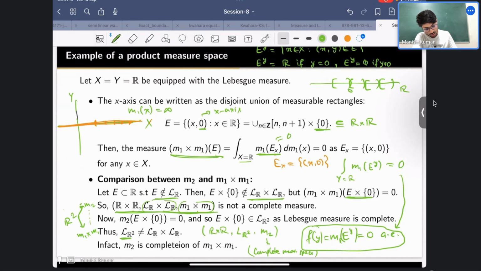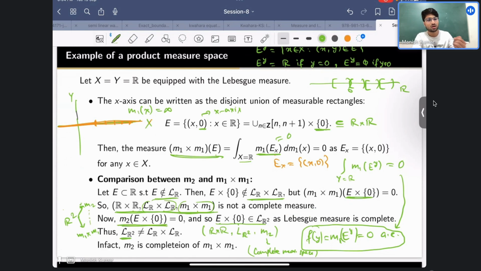So this E cross 0 belongs to LR2. Why? Because the measure M2 of E cross 0 will be 0.